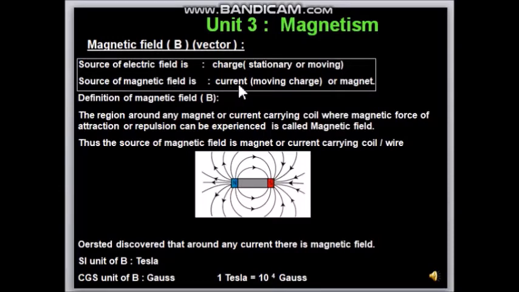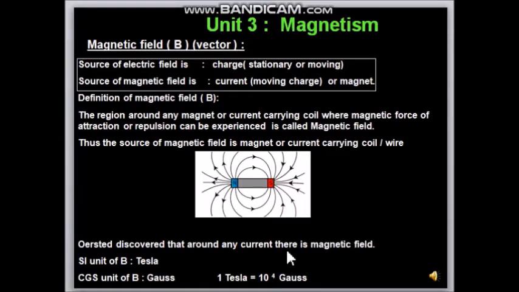In the same manner, in this chapter, we are going to study about current. Current is also a source of magnetic field. Current means the moving charge. As you already know, whenever there is a flow of charge, it makes current, and whenever current is there, it makes a magnetic field. This discovery was given by Oersted. He said that around any current, there is a magnetic field.